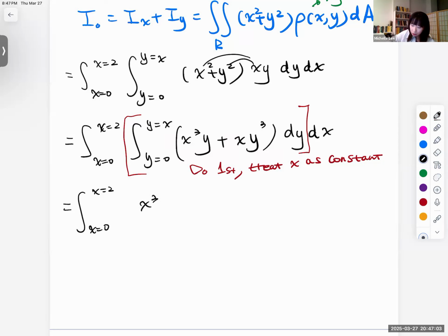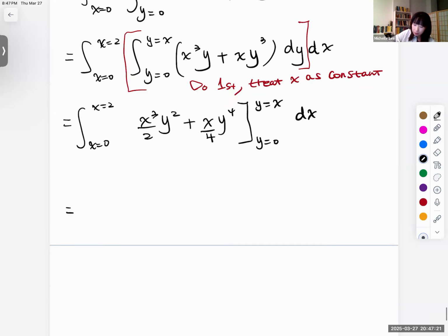For y, we integrate y squared over 2, plus the second term, x is constant, y to the fourth power over 4, and then we want to evaluate y equal to 0 to x, dx. Yeah, all right.